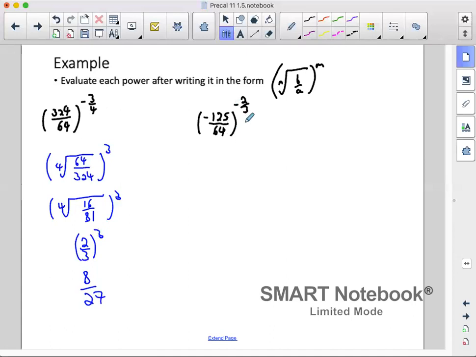Next one, we'll change this one. So we have bracket and root. So our third root of negative 64 over 125 to the power of 2.